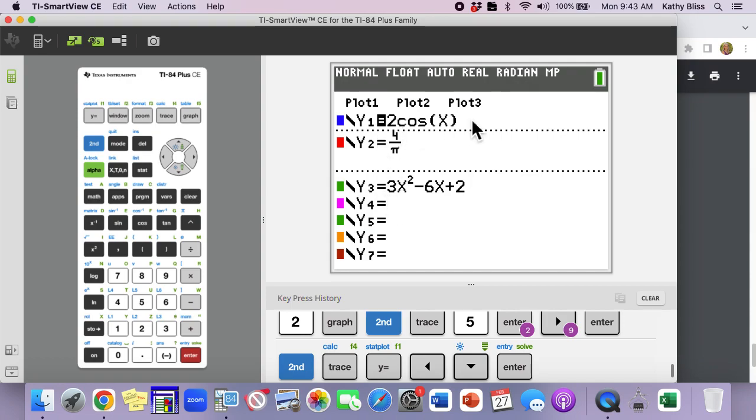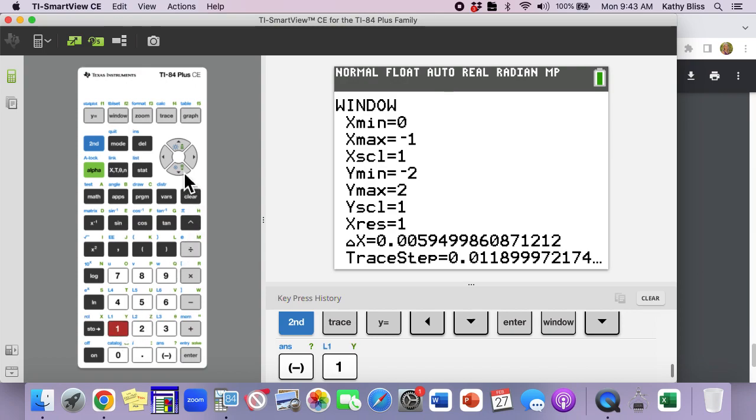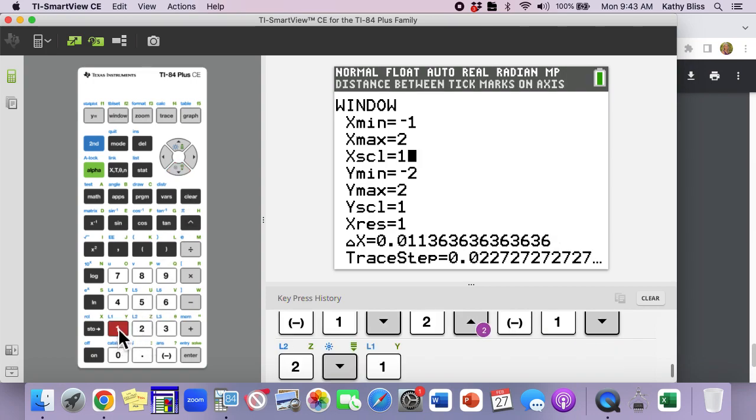All right, and we'll take a look at the max and min on there, and we'll restrict the domain from -1 up to 2, and we'll just go by ones.